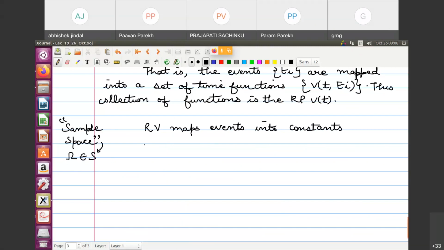And what will a random process do? A random process maps events into functions of the parameter t.